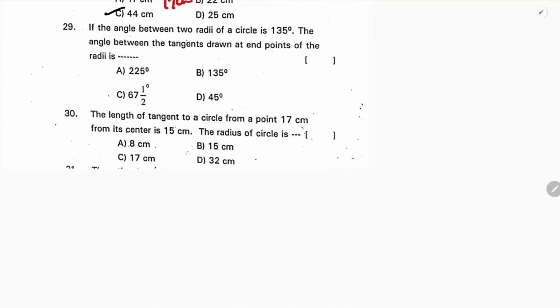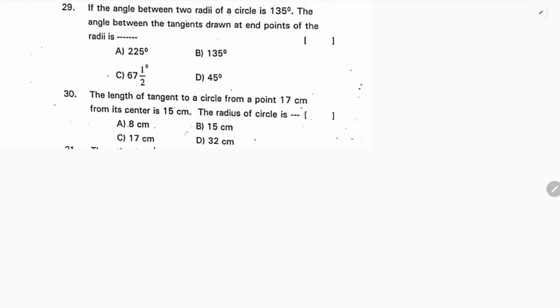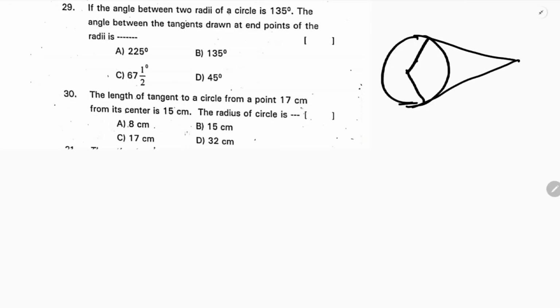Next one. The angle between two radii of a circle is 135. So this angle is 135. So the angle between the tangents.